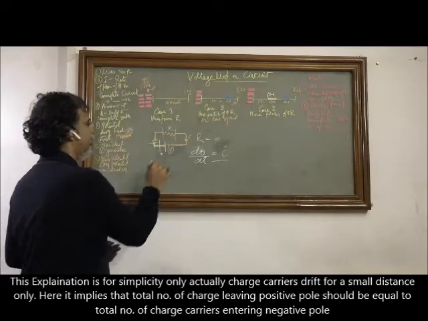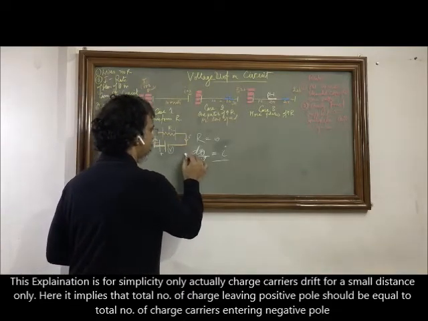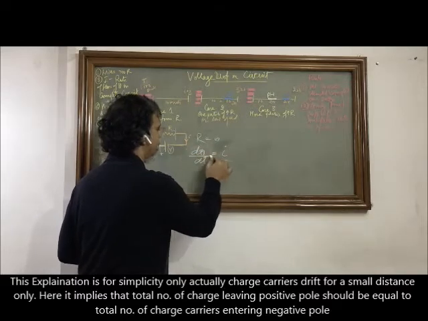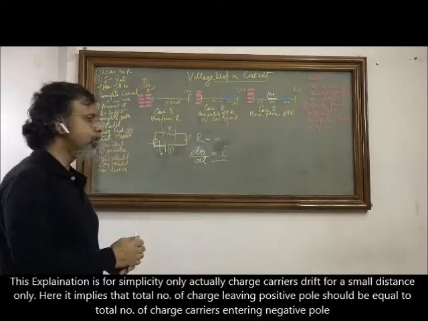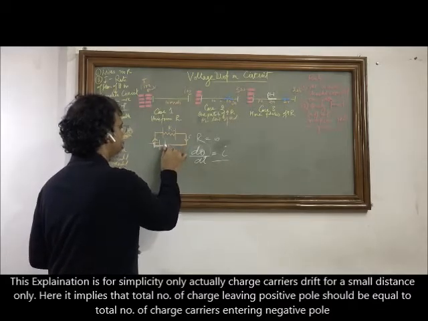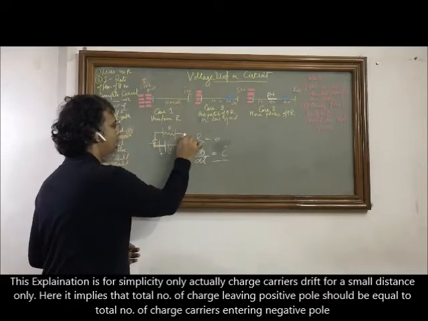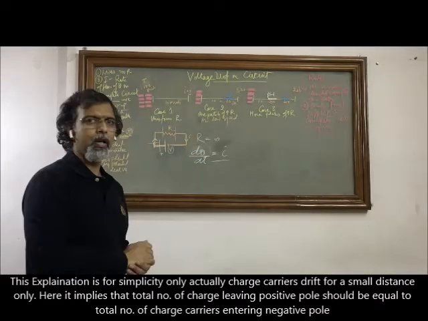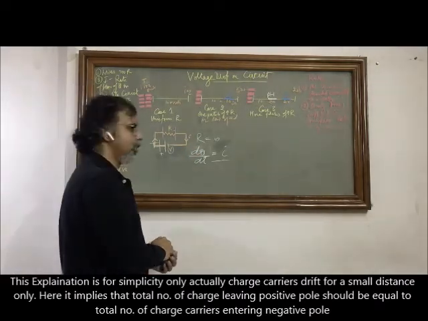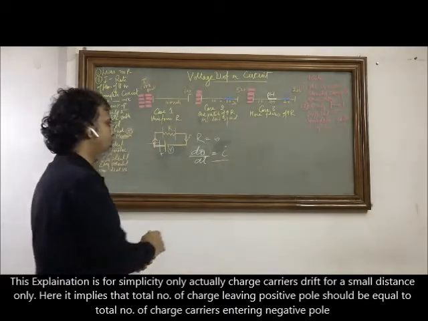So here we need to understand that whenever we say rate of flow of charge, which means the amount of charge flowing per unit time, we consider that the charge that has flown from this positive point has come across all the components of the circuit and has come back to the negative or the lowest potential point. That charge we are going to consider when we calculate the current.